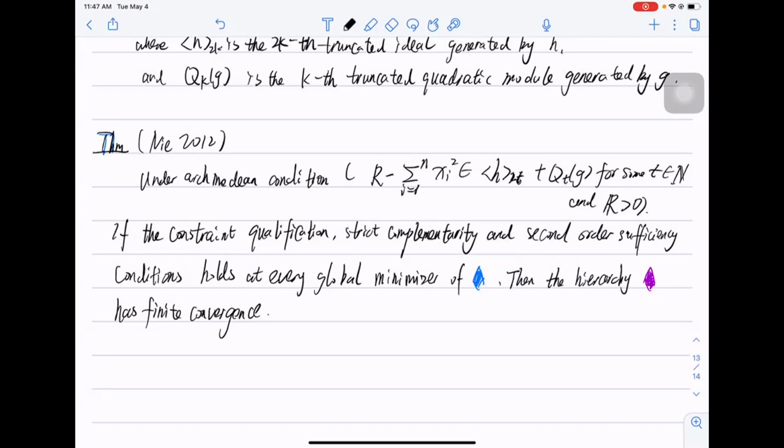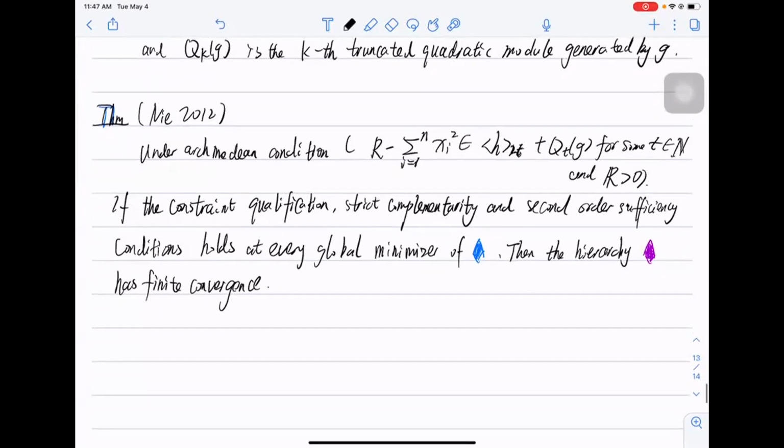So I want to explain this condition, the constraint qualification.